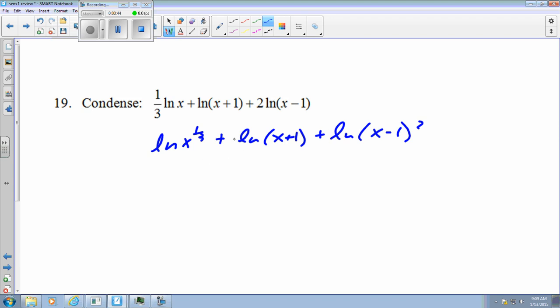In the log world, we are adding exponents when we multiply, so if I want to put this together, I can say x to the 1/3 times x plus 1 times x minus 1. We could put that together even further by foiling these things together, but I don't think that's what we're going after here.